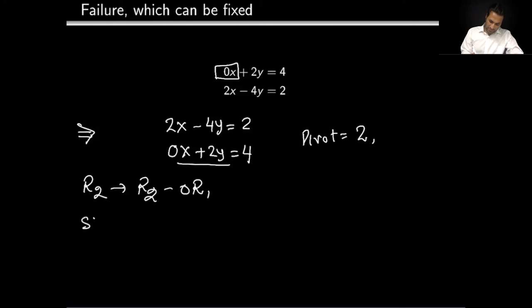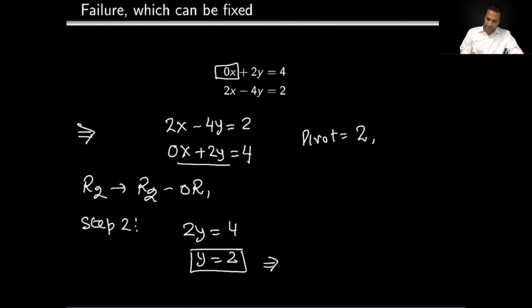And you can perform step number 2, which is back substitution. You can solve 2y is equal to 4, which gives you y is equal to 2. That is the first solution of your system. And then you can back substitute into equation 1, which is 2x minus 8 is equal to 2, which is 2x equals 10. So x is equal to 5.